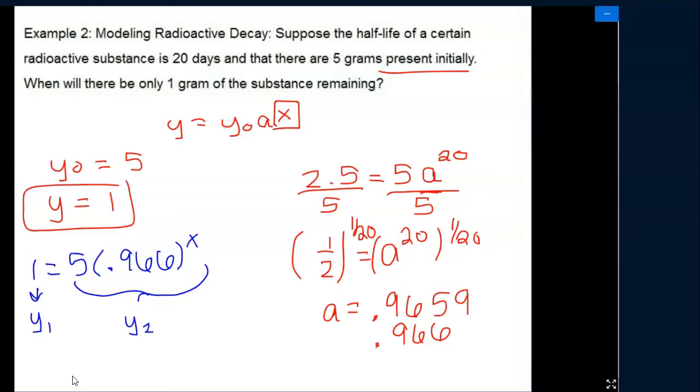So in Y1, you are going to plug in 1. In Y2, you're going to plug in 5.966 to the x power.